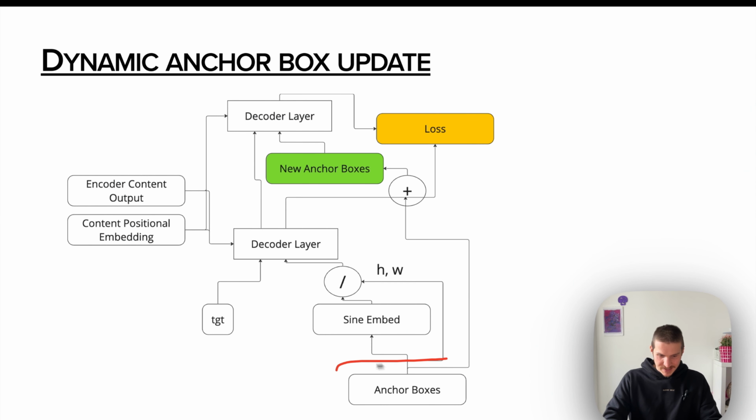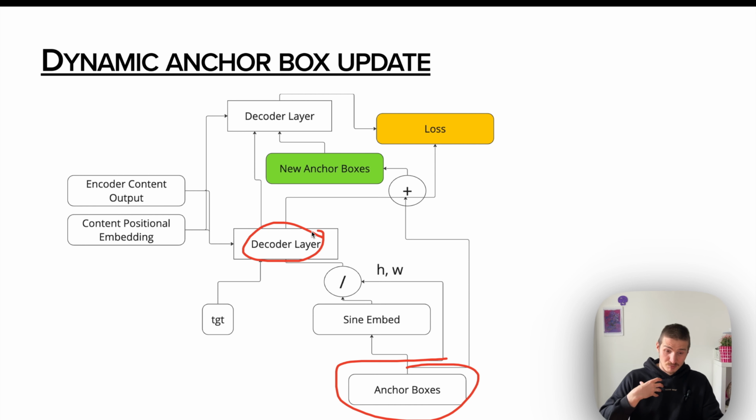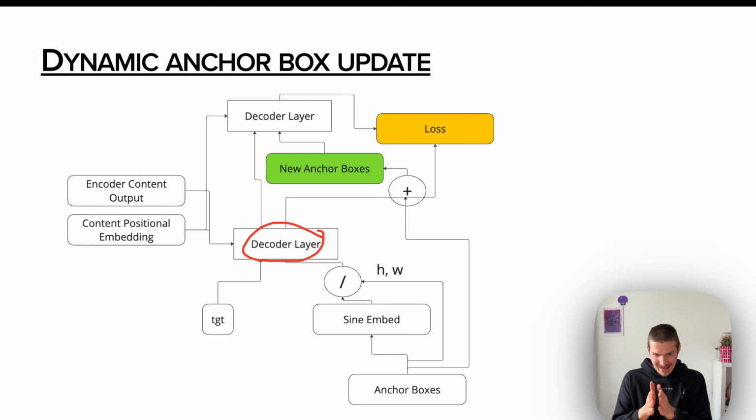So we started with some anchor boxes, coordinates and positions and shapes that are independent of the picture. They're just focusing on one specific shape of one specific location within the image. But then we have this decoder layer that predicts the actual bounding boxes of the objects we see on the picture, or rather the error with respect to the original anchor boxes.